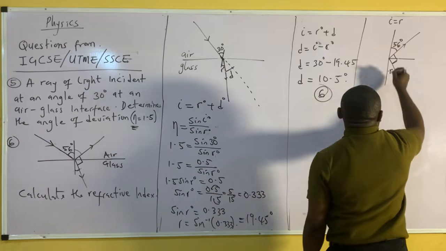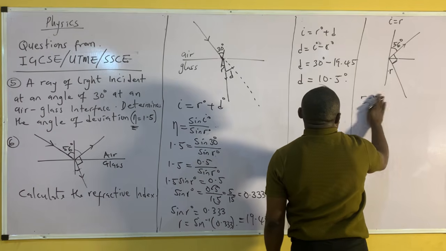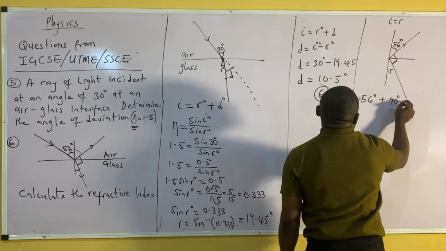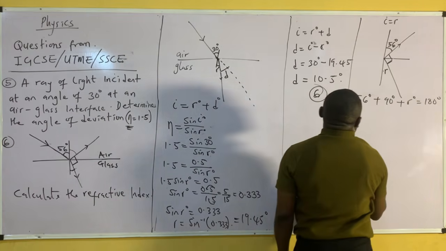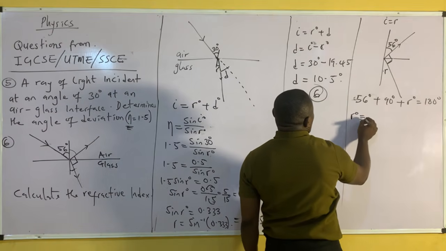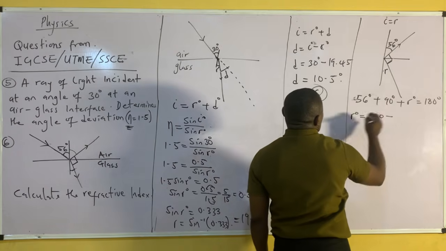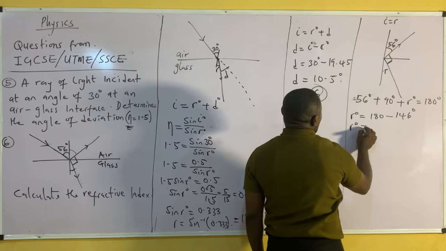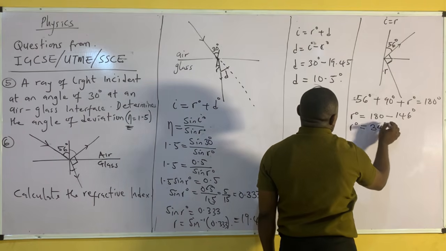So because it's a straight line, I will say 56 degrees plus 90 degrees plus r degrees equals 180 degrees. So what is now r degrees? It is 180 minus 146 degrees. So r degrees will now be equal to 34 degrees.